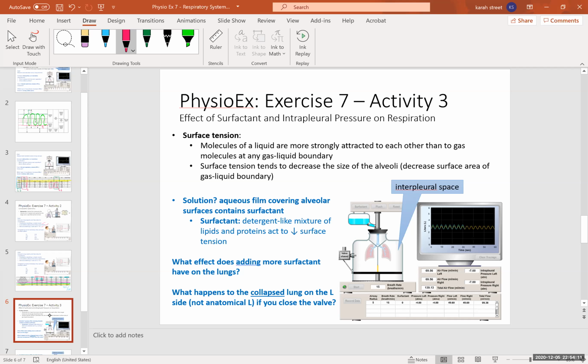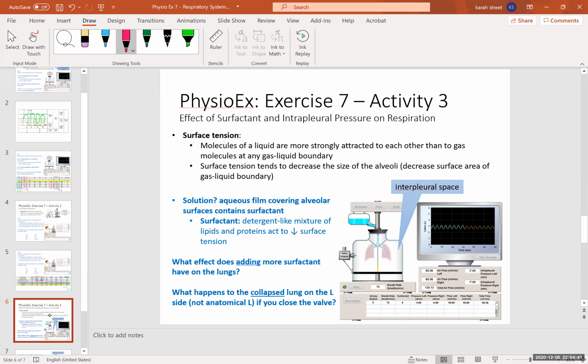Intrapleural pressure should always be negative. It becomes even more negative as you begin to inhale. If we have a pneumothorax or hemothorax, if we have some sort of wound puncturing the chest wall even, it can allow air and blood to enter the intrapleural cavity, in which case there is no longer a negative pressure.